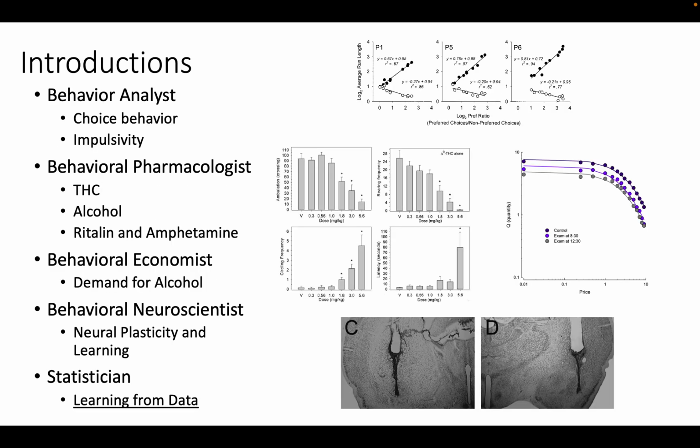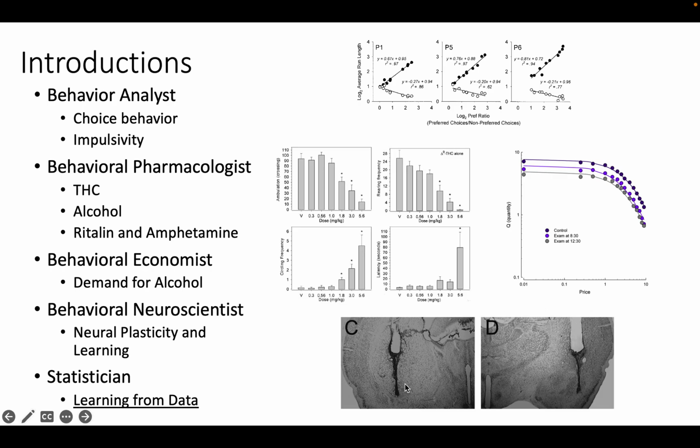Now, why am I qualified to teach this course? Well, I was a research scientist for 12 years after I got my PhD in experimental psychology from Temple University. I was a research associate or research scientist at UW-Madison. I conducted research on a lot of different things, on choice behavior, on impulsivity, on drugs like THC and alcohol, Ritalin and amphetamine. I've studied neuroplasticity and learning.